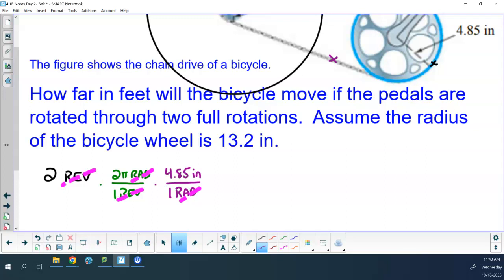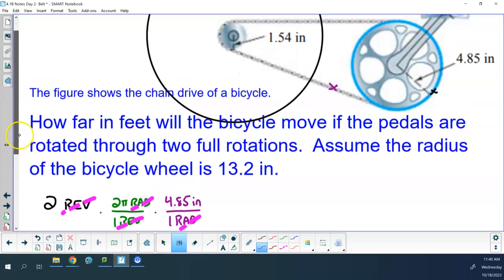Chain then goes to what? Okay? Goes to this back sprocket, right? Why is this back sprocket important?